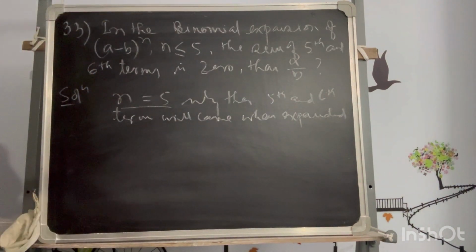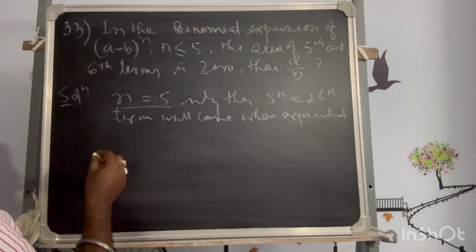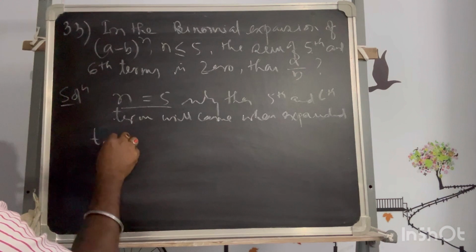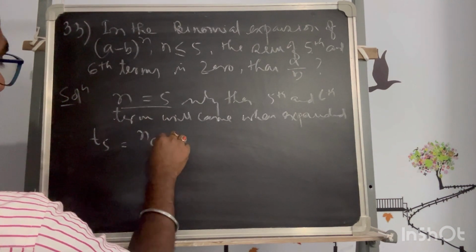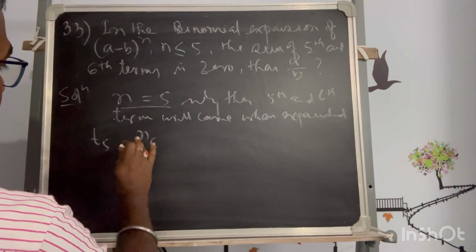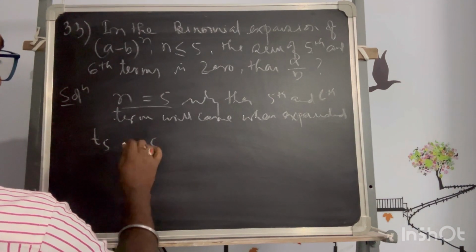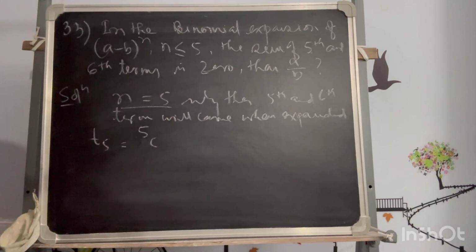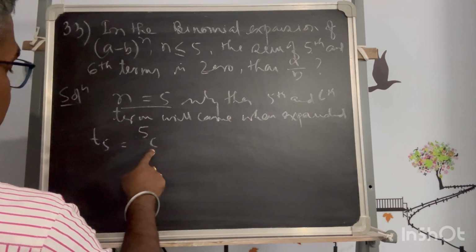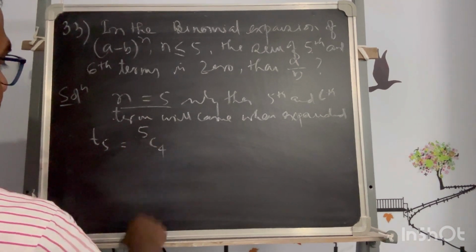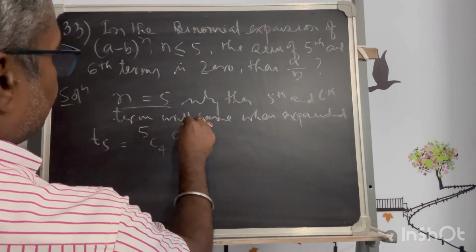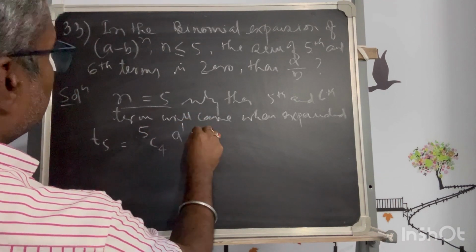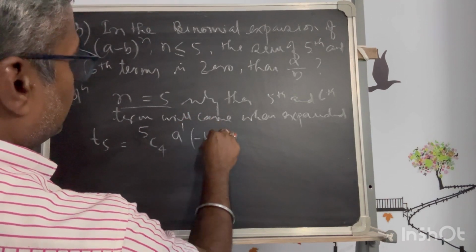So in that case, if n is equal to 5, then what is your fifth term? So this will be the r plus 1 case. So nCr, and that r we can assume, with maximum power 5, so 5C4 will be the case. a to the power 5 minus 4, that is 1, and (minus b) whole to the power 4.